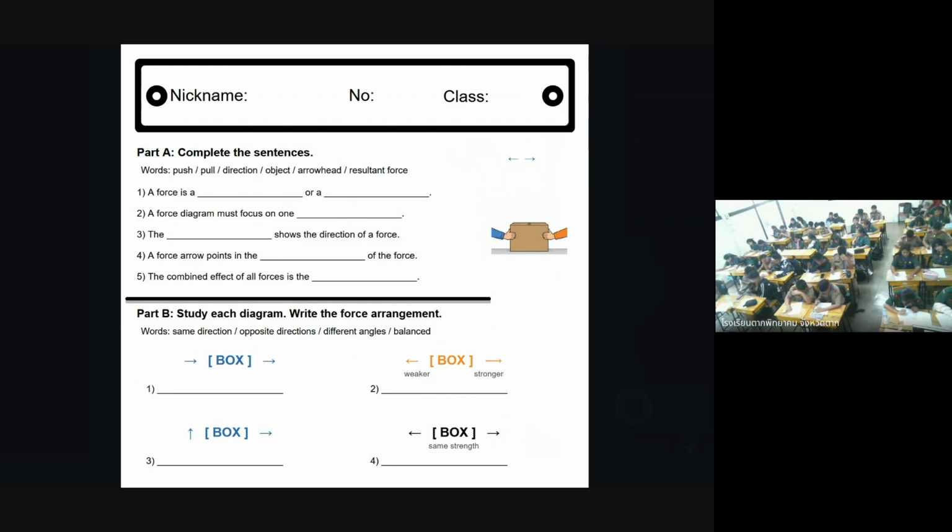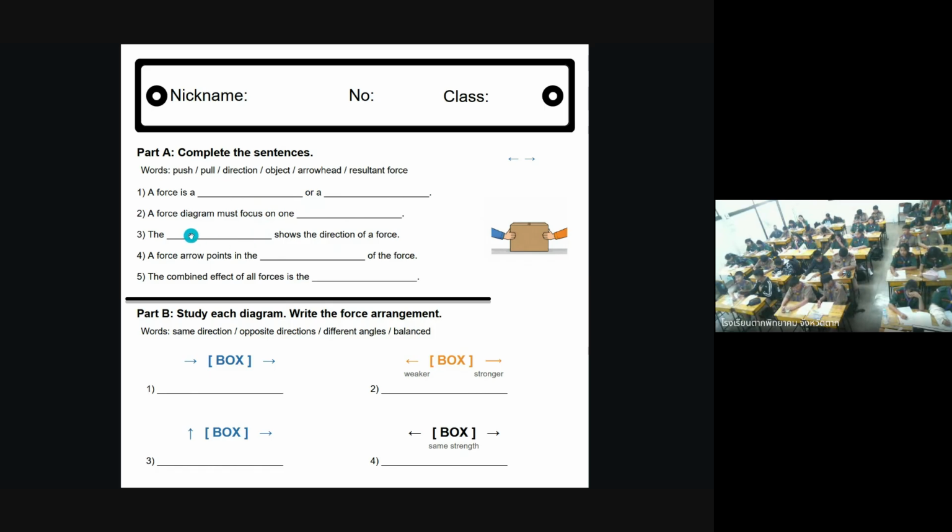Now let's start with part A. A force is a push or a pull. A force diagram must focus on one object.